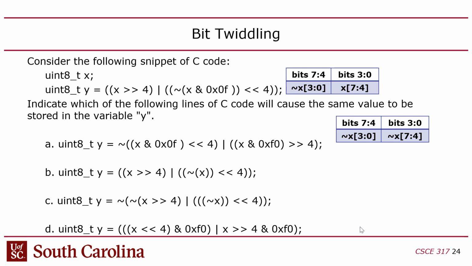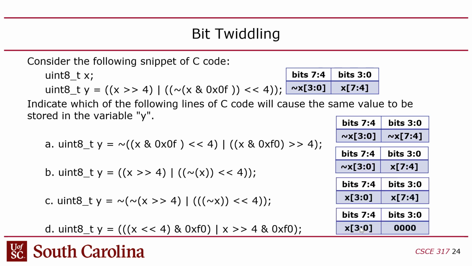So I think that one would be ruled out. This one takes the upper 4 bits, shifts them to the lower 4 bits, takes the lower 4 bits, shifts them to the upper 4 bits, and then does a complement, but it complements x before it does that. I think that one's it. Yeah, I think that's the right one. Makes sense? I'm going to cheat and find out.